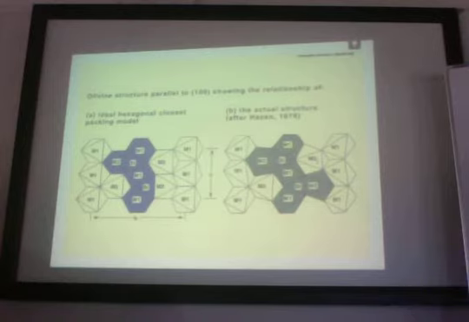Alpha is beta is gamma, and they are all 90 degrees. But the lengths A and B are not the same as C. So A is not B, and C is different. That is an orthorhombic crystal.